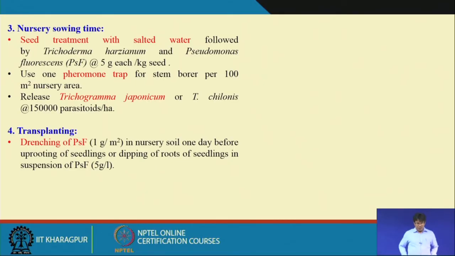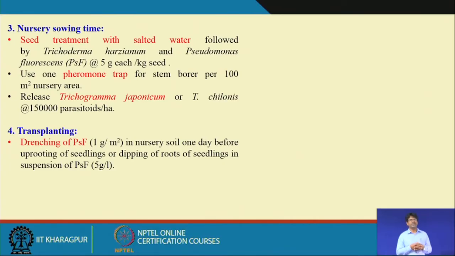Nursery sowing time also: when you go for rice crop, we can have different types of nursery. In the nursery field the seed can be treated with salted water followed by Trichoderma harzianum and Pseudomonas fluorescens at 5 gram each per kg of seeds.